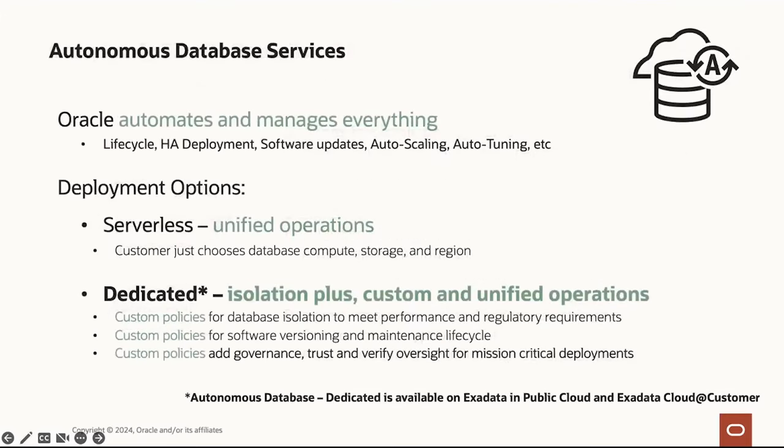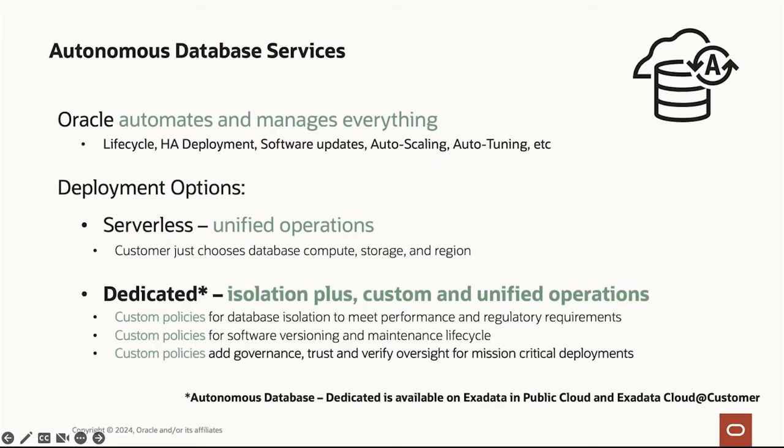All right. So ADB has two fundamental deployment options. We have serverless and dedicated. Serverless allows the customer to only choose the database compute, storage, and region, and then it allows the system to take care of the other database operations.